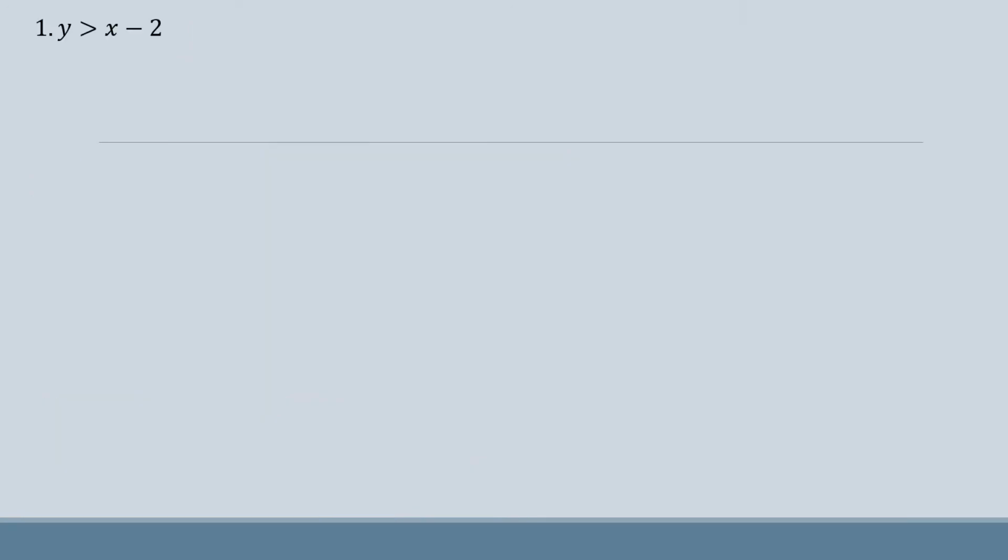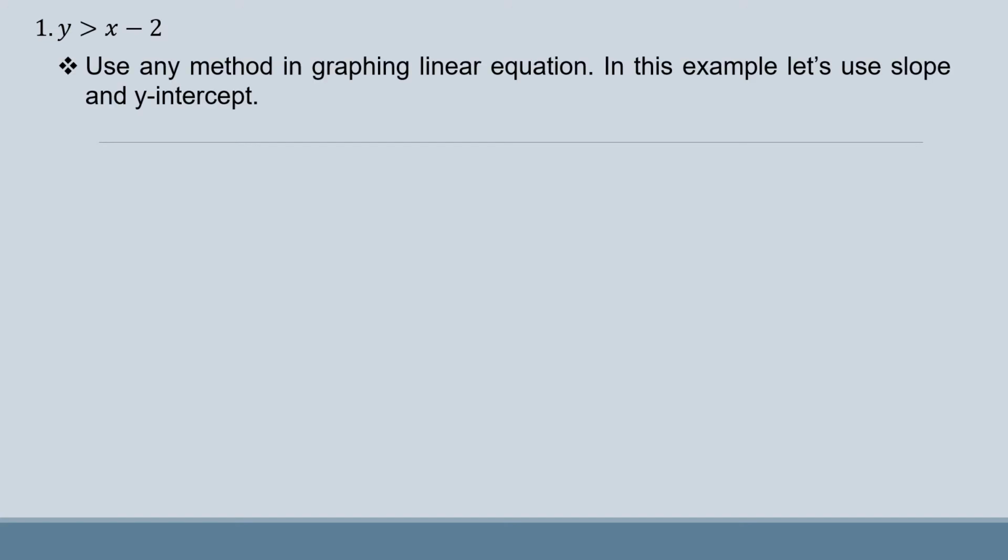Example number 1. y is greater than x minus 2. Use any method in graphing a linear equation. In this example, let's use slope and y-intercept. Slope is equal to 1 and y-intercept is equal to -2. Slope is equal to rise over run.